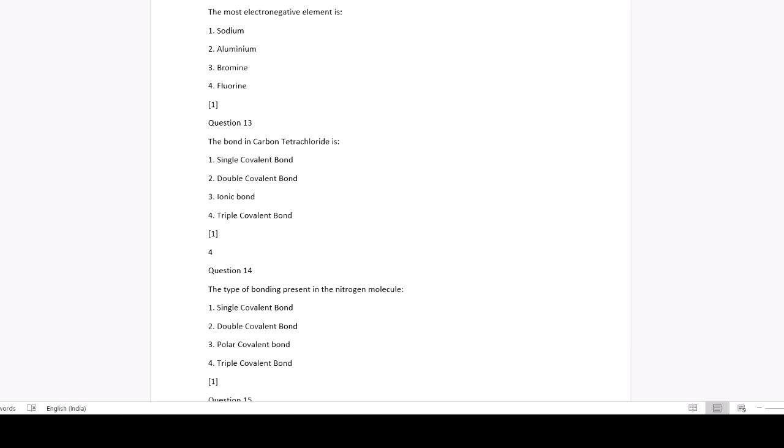So here energy will be released, that will be the correct answer. Next question. For question number 12, the most electronegative element is, this is also from the periodic table. Sodium is in group 1, aluminium in group 13, then fluorine in group 17, above chlorine, and below chlorine, bromine.